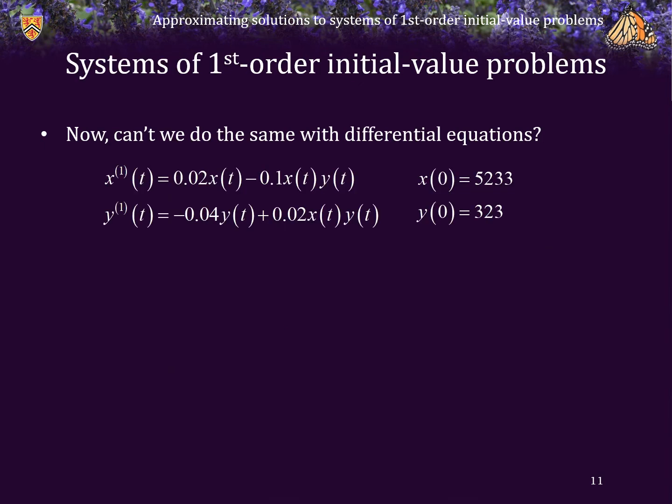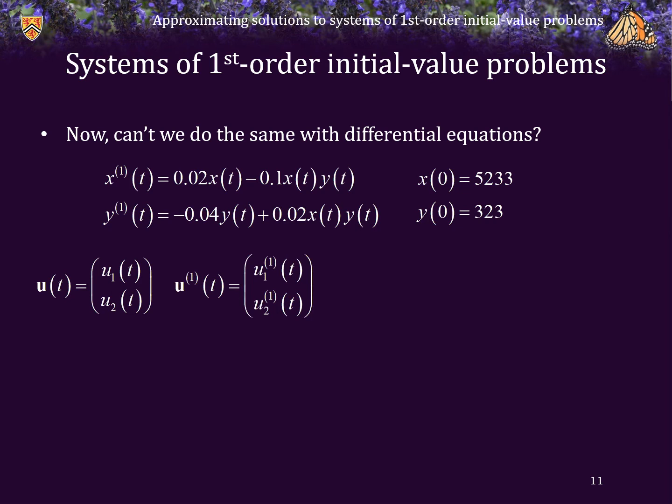Well, can't we do sort of the same thing with differential equations or initial value problems? Here we have a system of two initial value problems. We will define u to be a vector valued function that is two-dimensional. Its derivative is the derivative of each of the entries.